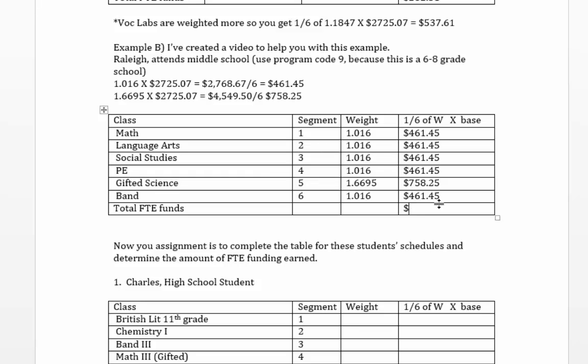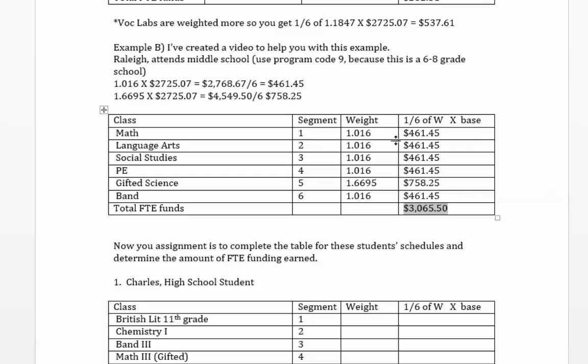Now, it may be for the whole day. I think that's how it works. Okay, so I added up all these figures, and I came up with $3,065 that student brought into that system for that total year. So that's how much money is being given for that particular student.